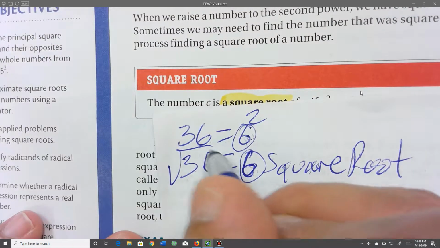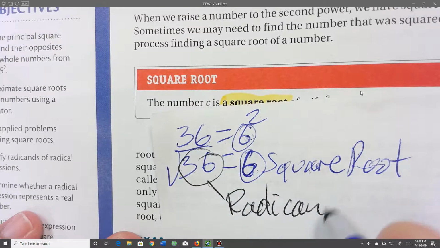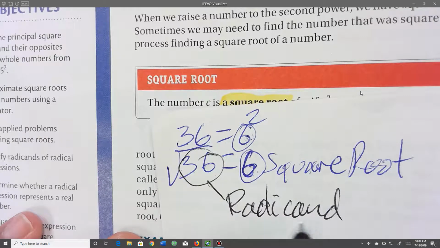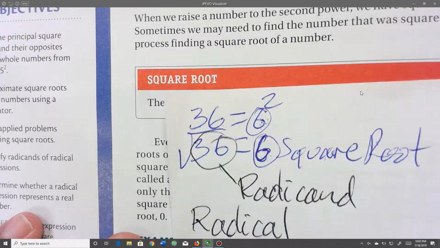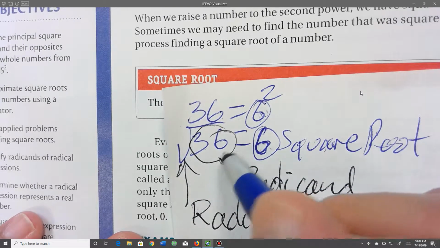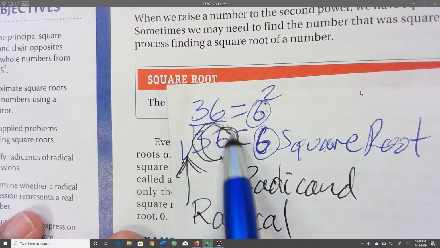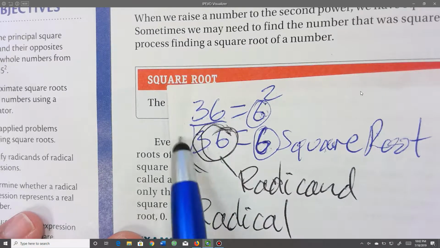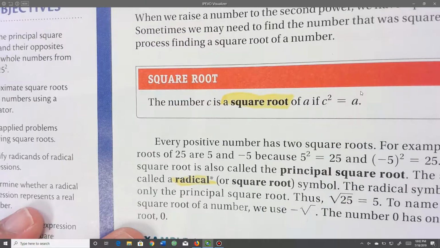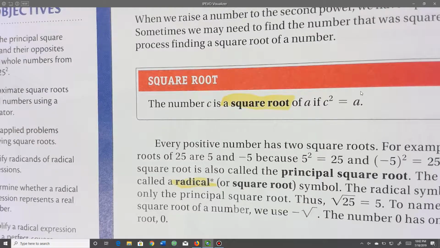So this is called the radicand, and this sign is called the radical. That's all you have to remember there, because when I talk about the radicand or the radical, you need to know exactly what I mean. So know those two words before you come to class.